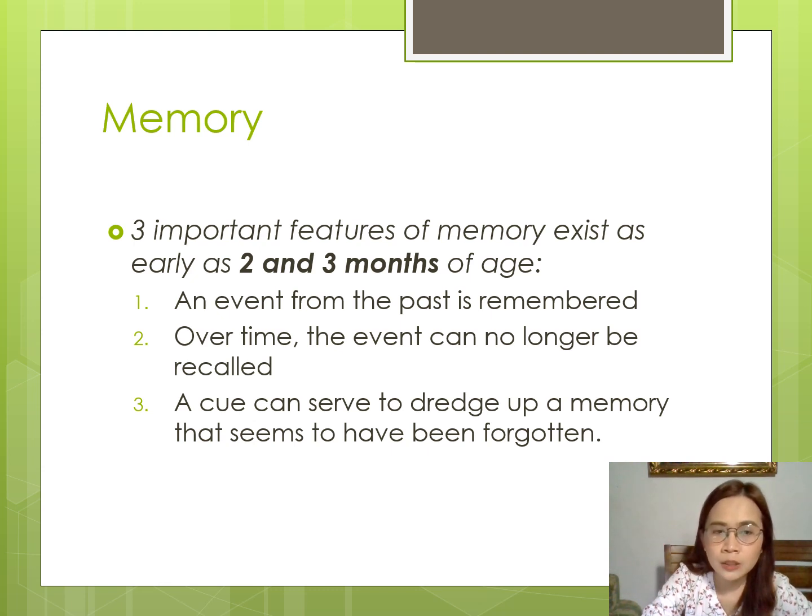So sinasabi dito na as early as 2 and 3 months of age, we can remember by that time only, no? Kasi it's a number 2, over time, those events that can be remembered during our infancy period can no longer be recalled, no? Today.